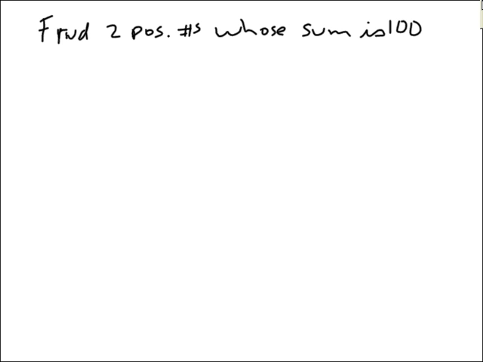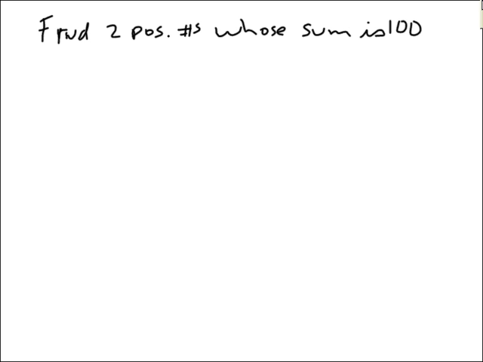Suppose you want to find two positive numbers whose sum is 100. That's pretty easy. You can do 1 and 99, 2 and 98, 3 and 97, 4 and a half and 95 and a half, the square root of 17 and 100 minus the square root of 17.